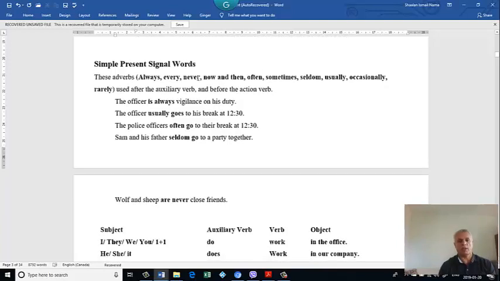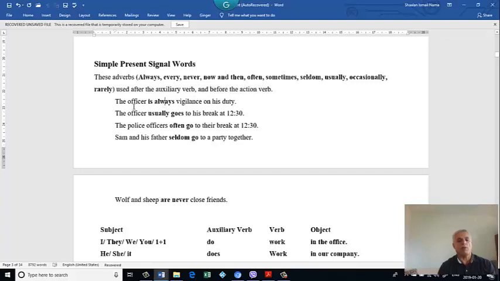Usually those adverbs, always, every, never, now and then, often, sometimes, seldom, usually, occasionally, rarely, are used after the auxiliary verb and before the action verb.